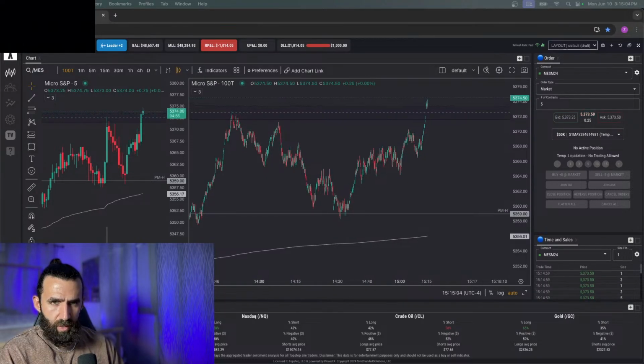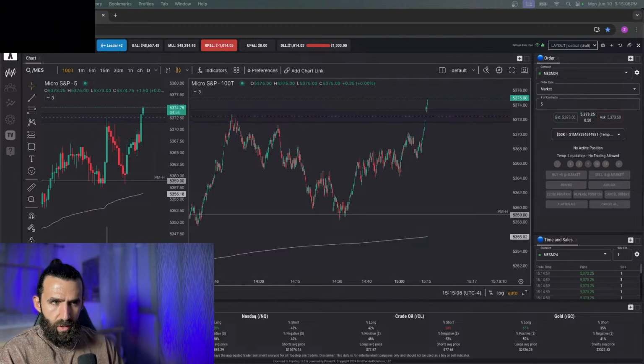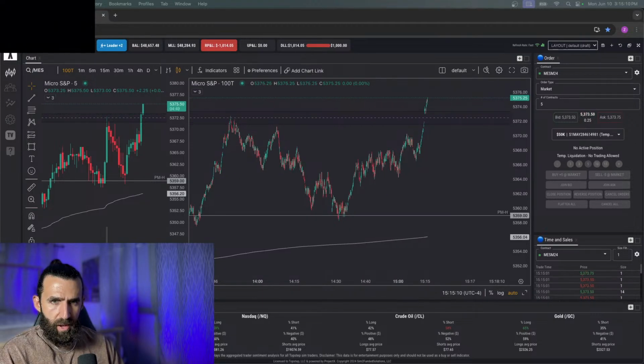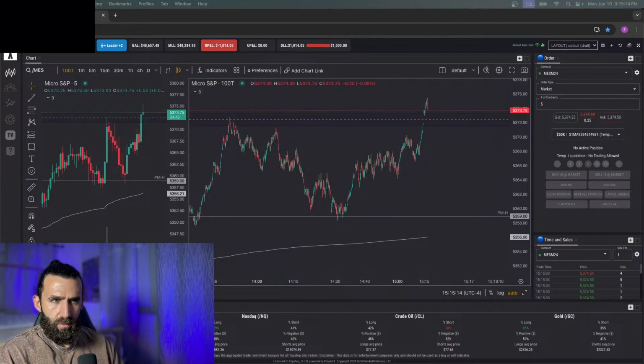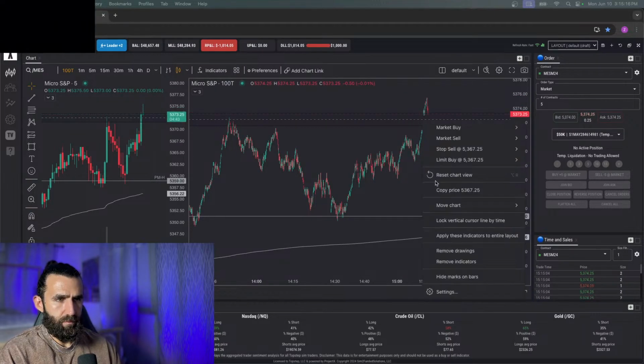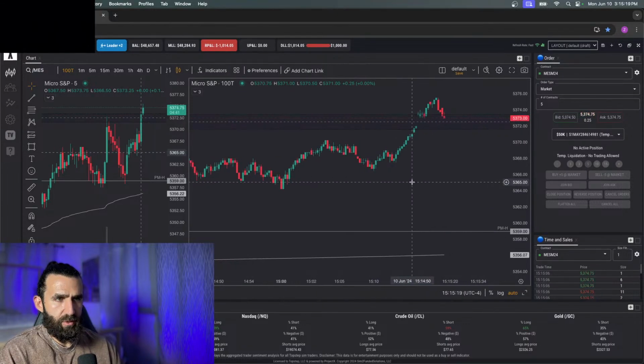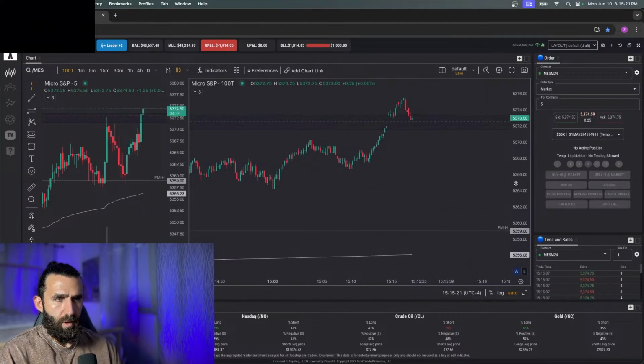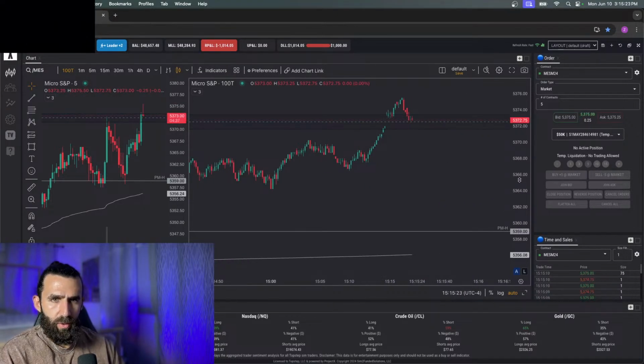Got some volatility coming into the market here. Big push up. Cracking above that high. Wow. Let's see this tick chart start moving, man. Watch how fast these candles start printing.